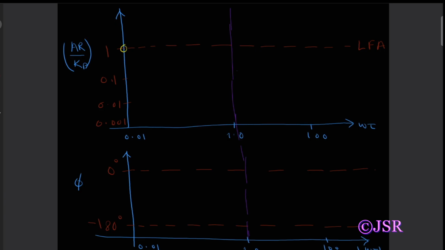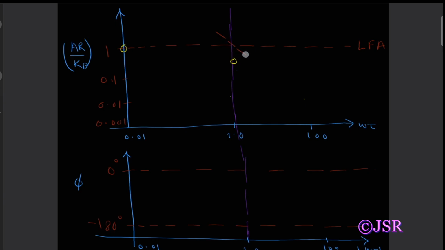So 0.25 will be somewhere here, and then from omega tau equal to 1, the high frequency asymptote will intersect with the low frequency asymptote.